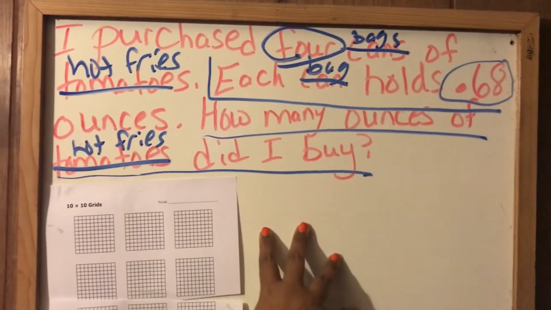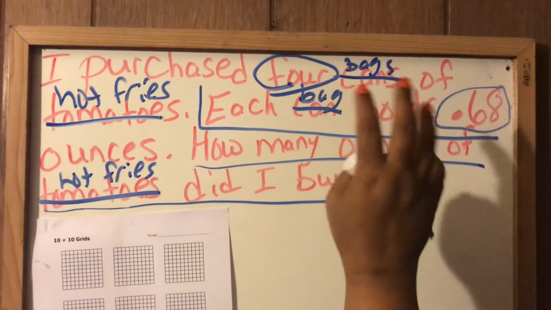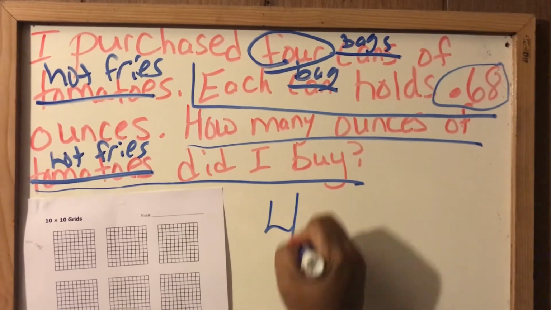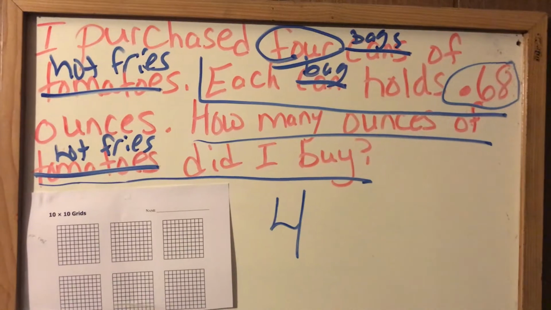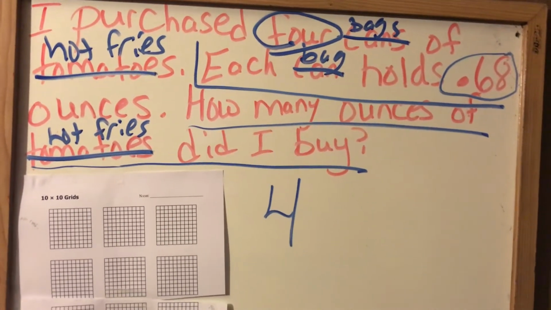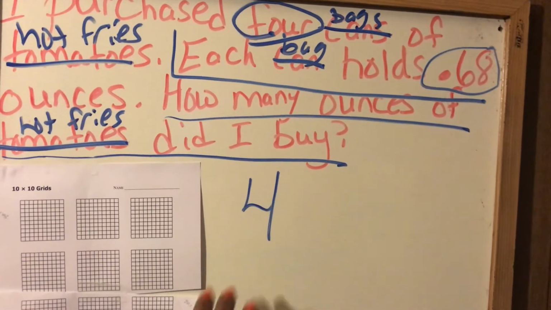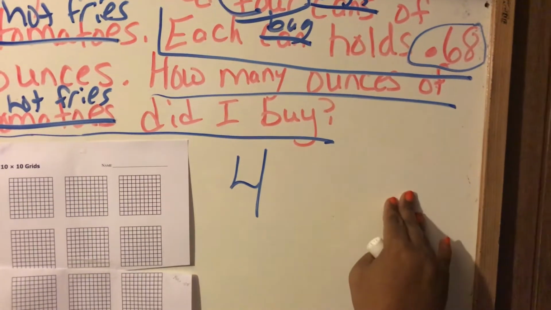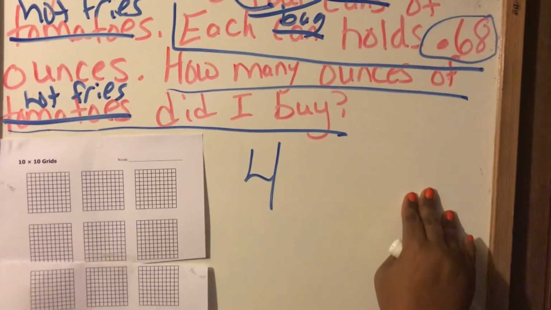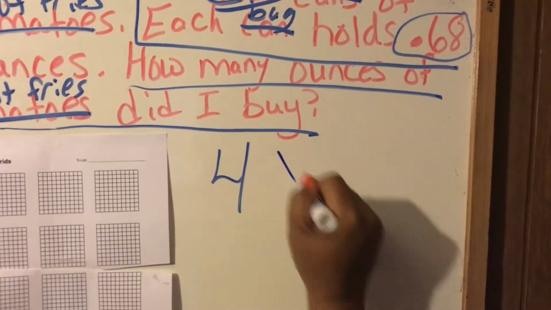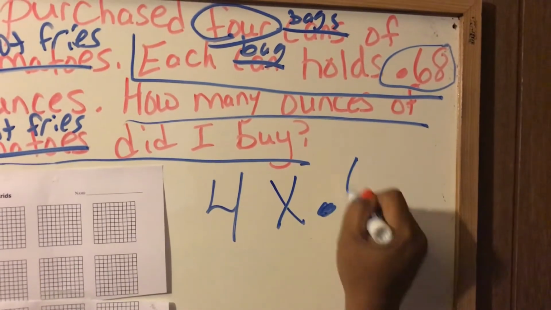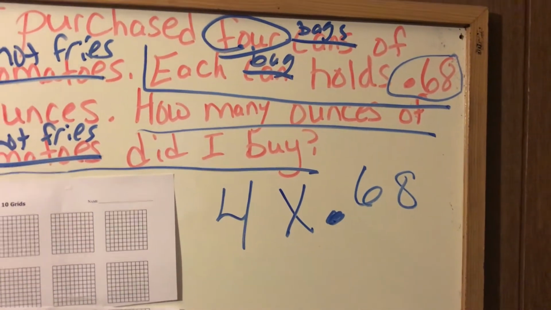We know that we purchased 4 bags of hot fries. Each bag holds 68 hundredths, and we purchased 4. We know we must multiply 4 times 68 hundredths.